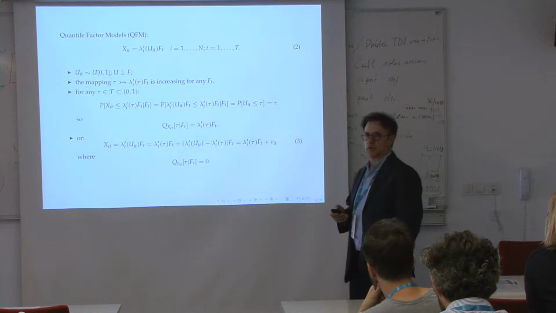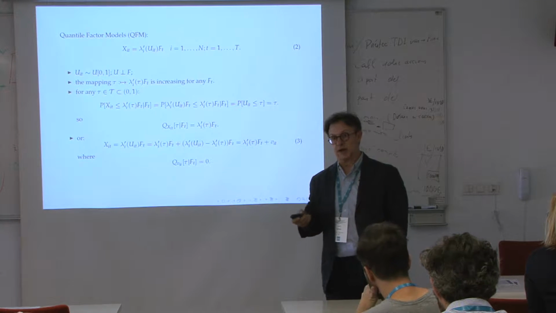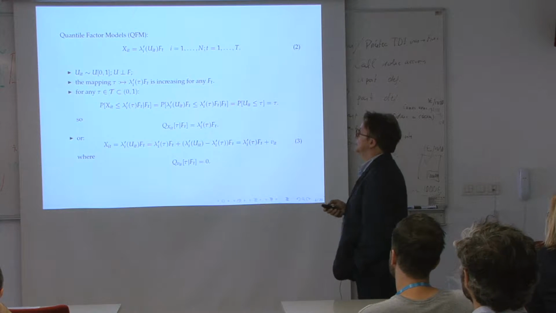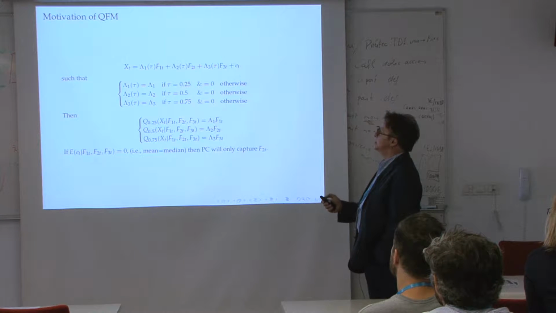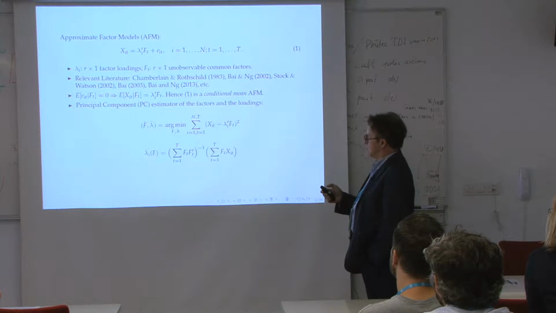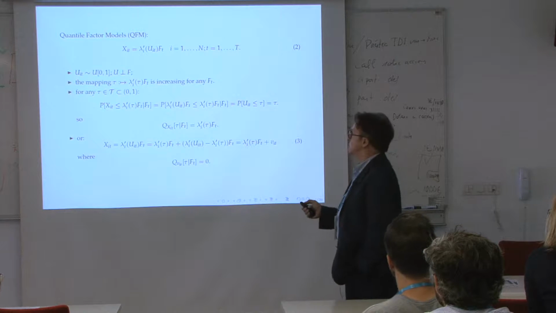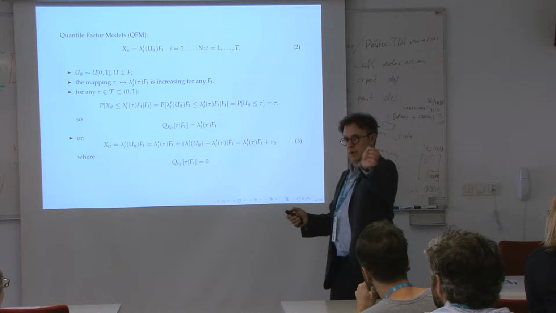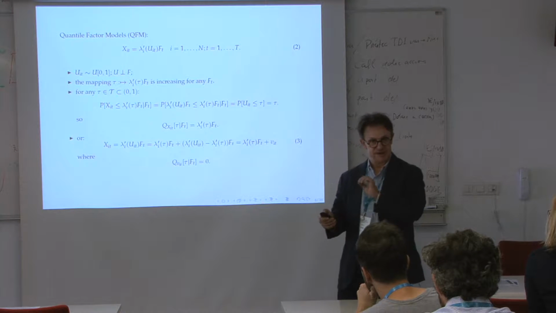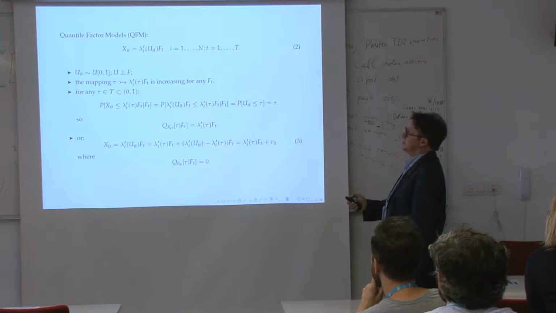So where do we want to go? We want to go from the conditional mean regression to the conditional quantile regression, to a representation where X_it is a function which depends on some stochastic variable which is uniformly distributed, just to capture all the quantiles in the segment [0,1], times the factors.